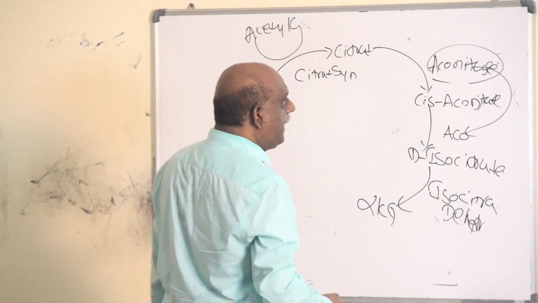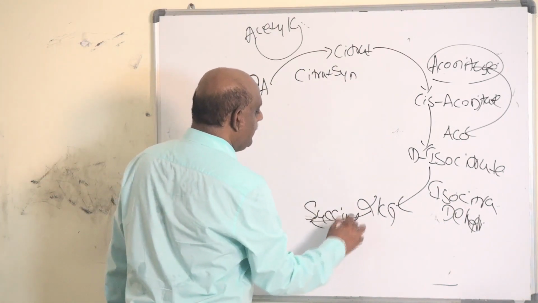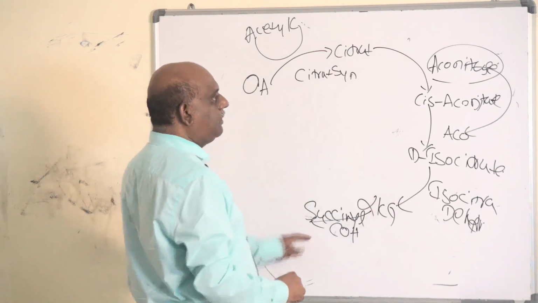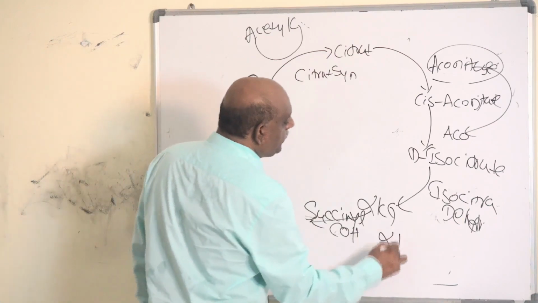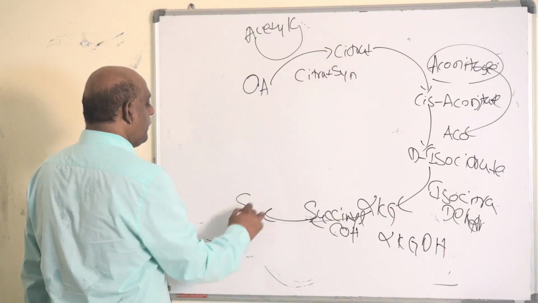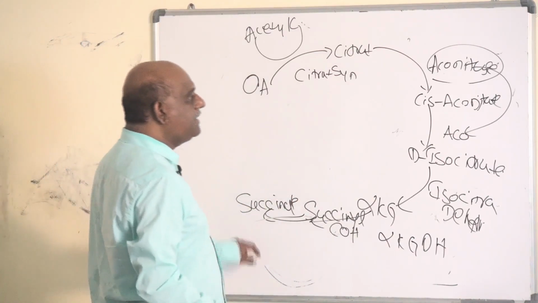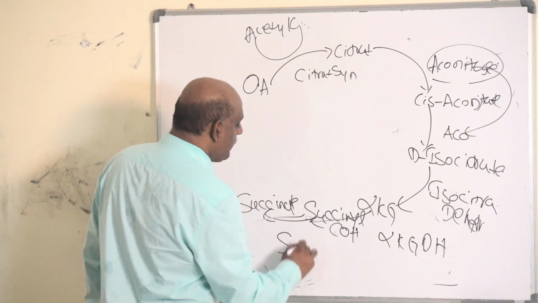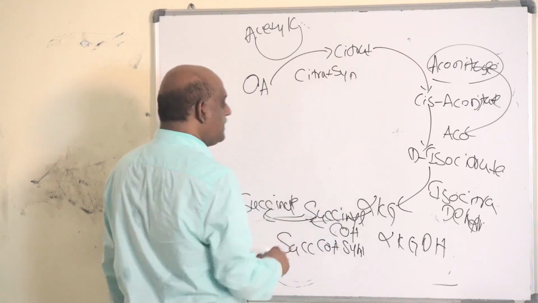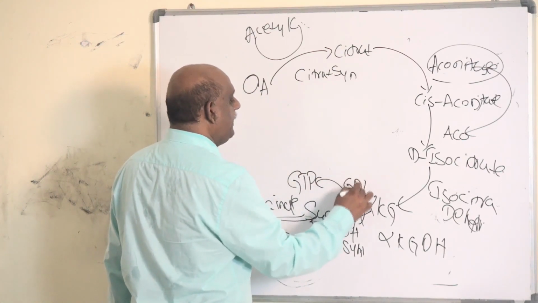Alpha ketoglutarate becomes succinyl-CoA by the action of alpha ketoglutarate dehydrogenase. Succinyl-CoA becomes succinate, and this is called succinyl-CoA synthetase. This is the step where GTP is formed from GDP.